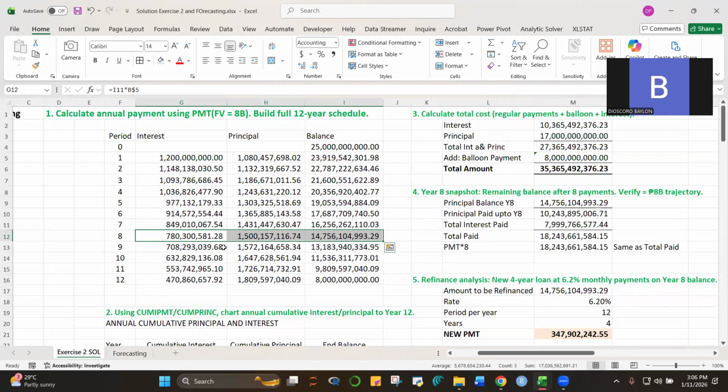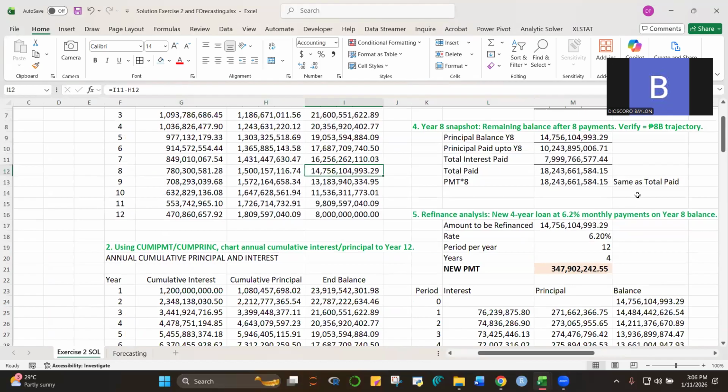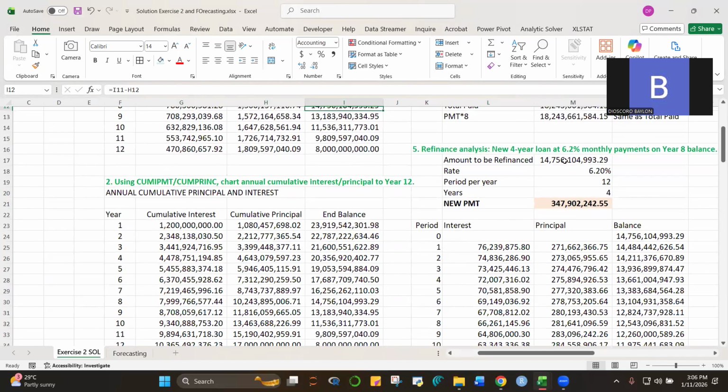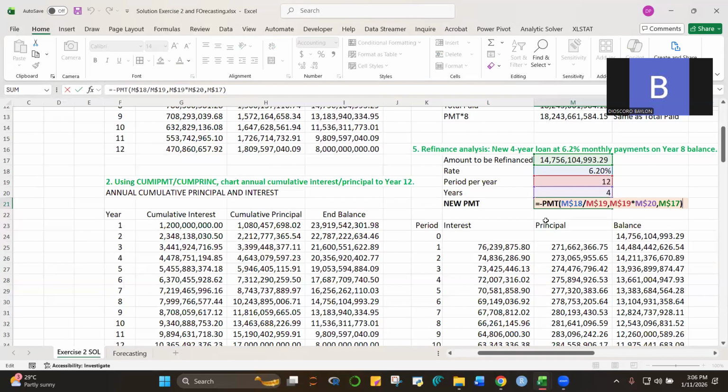So the scenario is we still have 14,756 to pay. This is still the principal balance, the amount still to be financed, at a rate of 6.2%. This is monthly, so the monthly rate is 6.2 divided by 12, and the number of periods will be 12 times 4, 48 months.